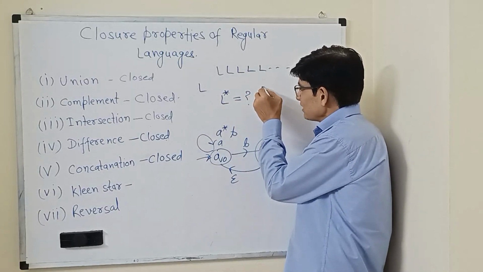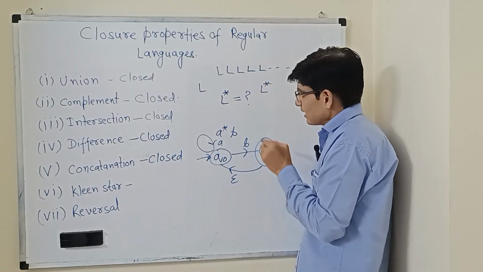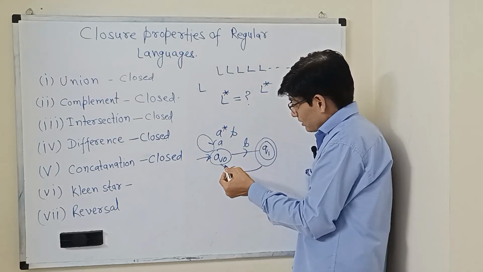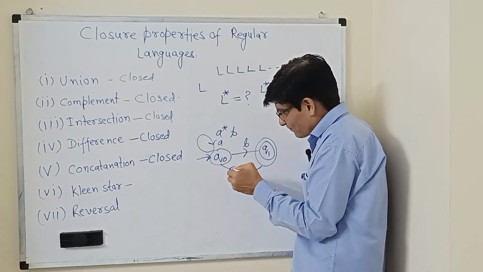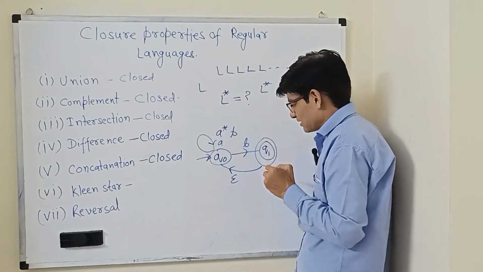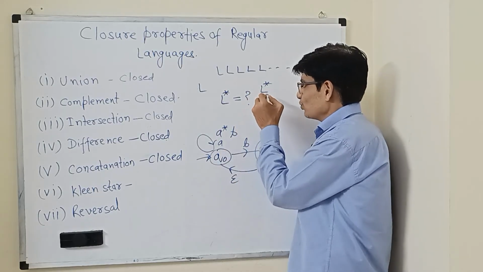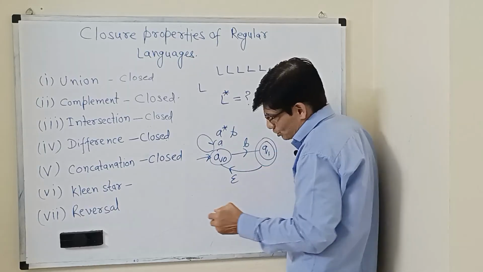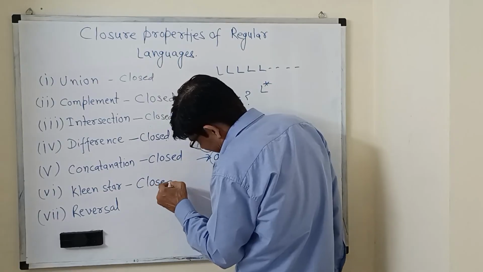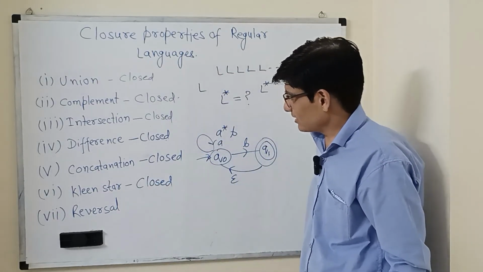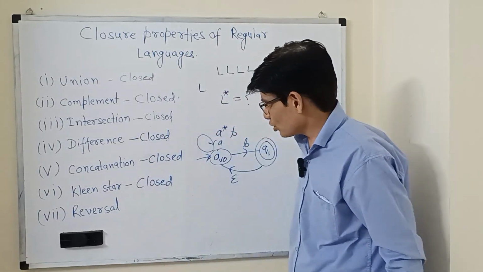So this would be L star. And if we can create a finite automaton for L star, then definitely this is a regular language. So I can write this is closed under Kleene Star operation.